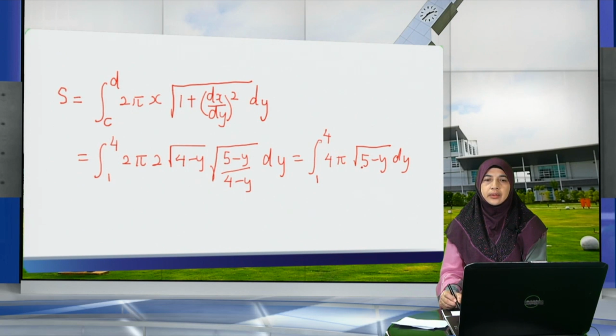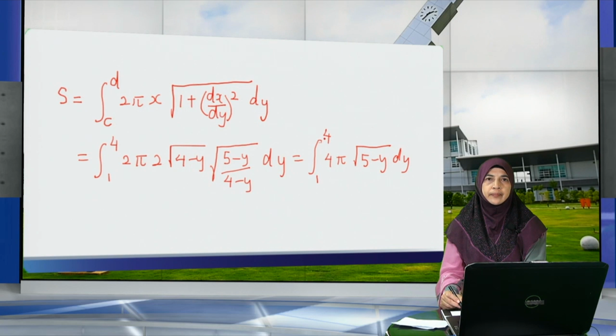Then for this one, square root of 5 minus y, we want to integrate, we use the substitution method, because if we use this as u, then we will find that du is actually minus dy. So we can substitute dy with du.